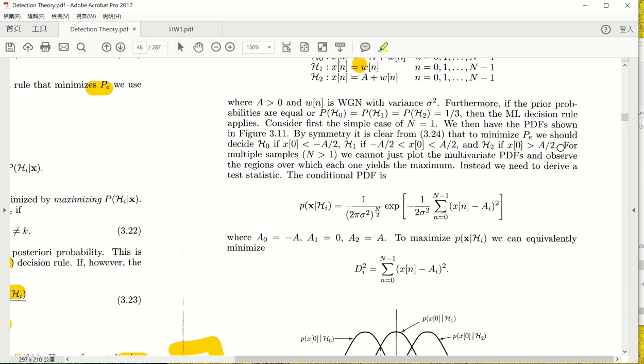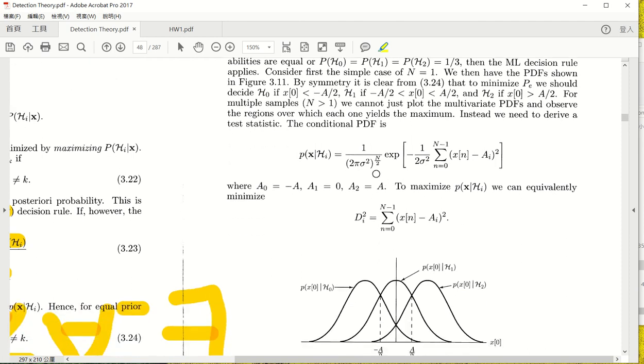Okay, so for multiple samples, we cannot just plot the multivariate PDF and observe the regions over which each one yields the maximum. Instead, we need to derive a test statistic, the conditional PDF. So P of x conditional on Hi equals this, 1 over 2.